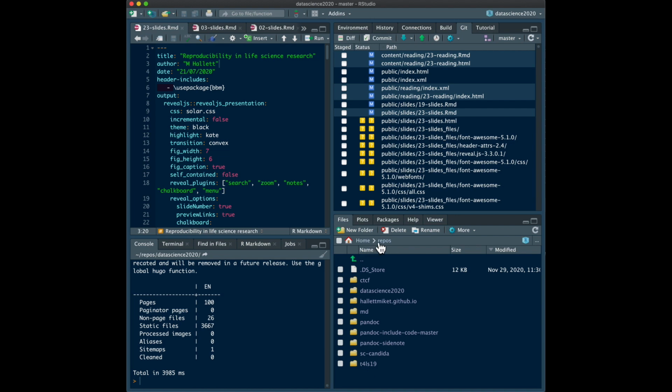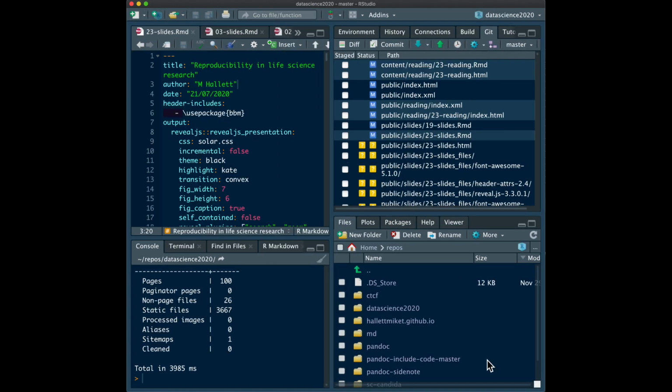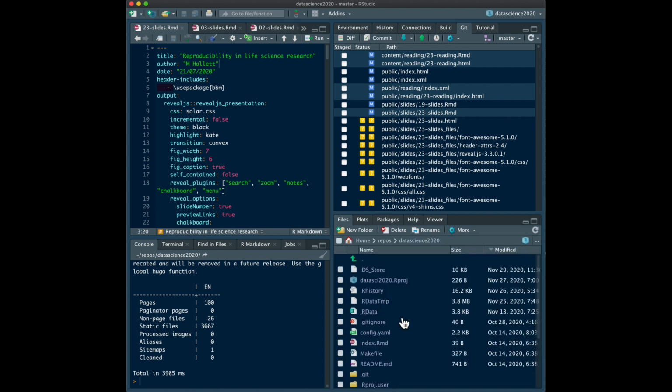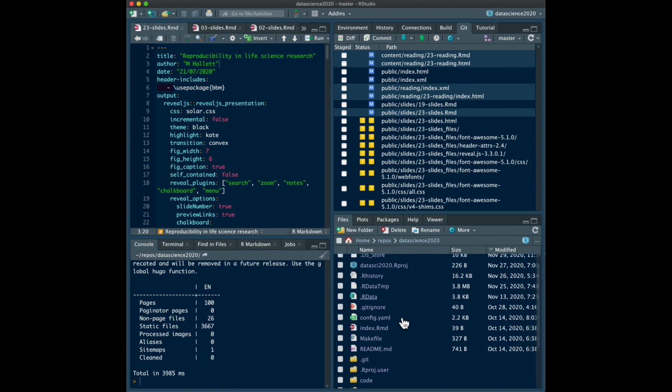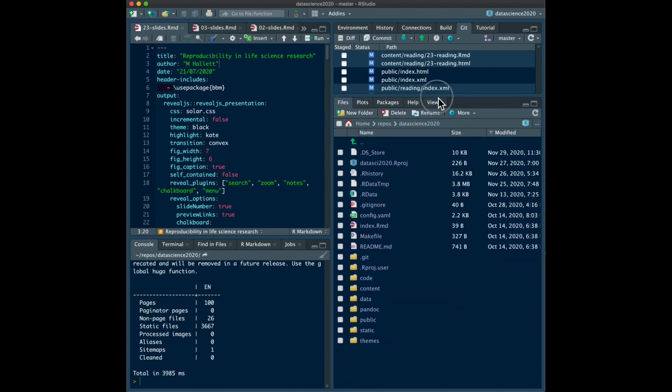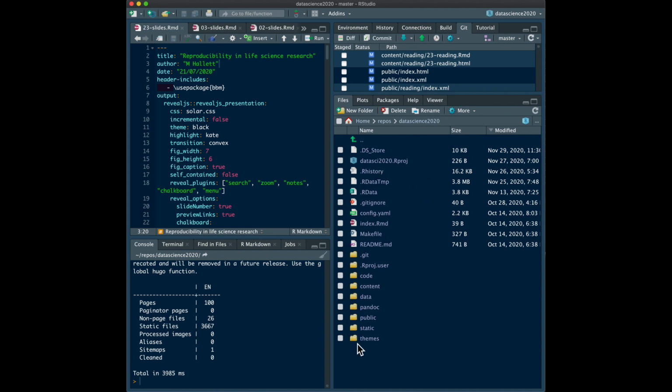Okay, so I'm going to talk a little bit about how this is structured. In my file folder down here, this quadrant, I can see that there's a folder called Data Science 2020. And what I can see is that there's a considerable number of files. This is basically both the website and the course web pages.